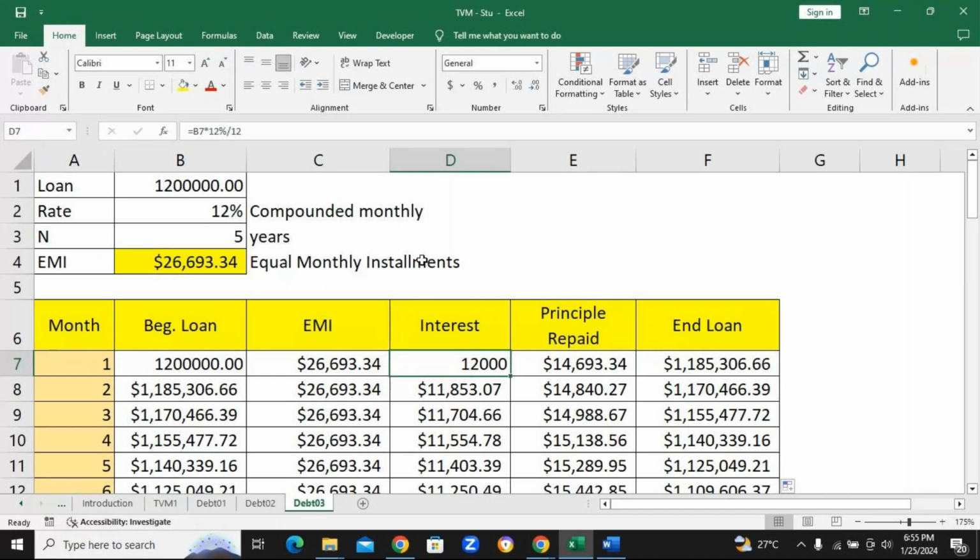I hope you people have downloaded both the files, the income statement and the income statement Excel file.